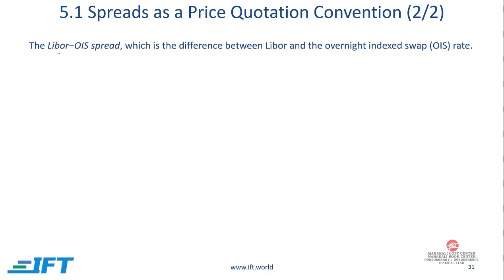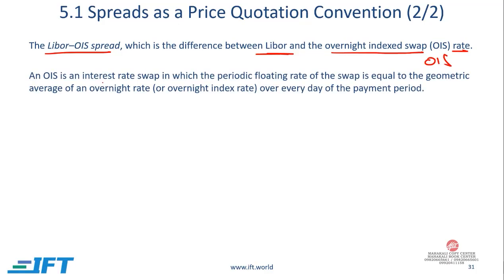Another important spread is the LIBOR-OIS spread, which is the difference between LIBOR and the overnight indexed swap rate. This is called the OIS rate. An OIS, or overnight indexed swap, is an interest rate swap in which the periodic floating rate of the swap is equal to the geometric average of an overnight rate or overnight index rate over every day of the payment period.